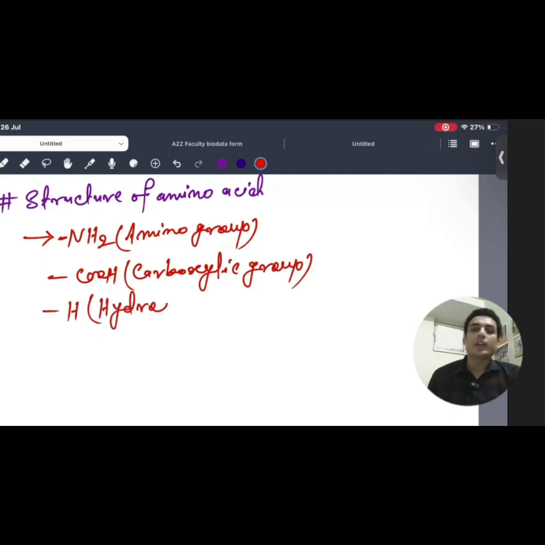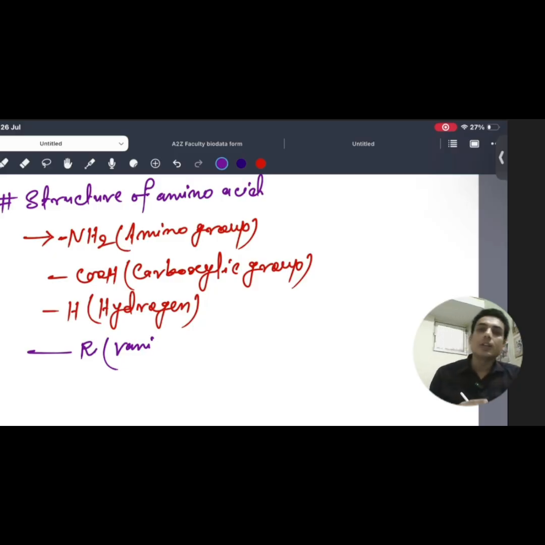And the fourth group is the variable group. This group is different in different amino acids. Here I am writing the R group. It is known as the variable group.